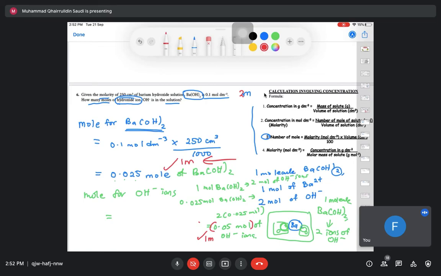Kalau satu molekul barium hydroxide ada 2 ion hydroxide, so kalau ada 10 molekul barium hydroxide, berapa mole of hydroxide ion? Darab 10, so 20, betul tak? Kalau ada 5 barium hidroksida, darab dengan 5, 2 darab 5, 10. So sekarang ni, barium hidroksida ada 0.025, darablah dengan 2. So ada 0.05 mol of hydroxide ion. Boleh faham?